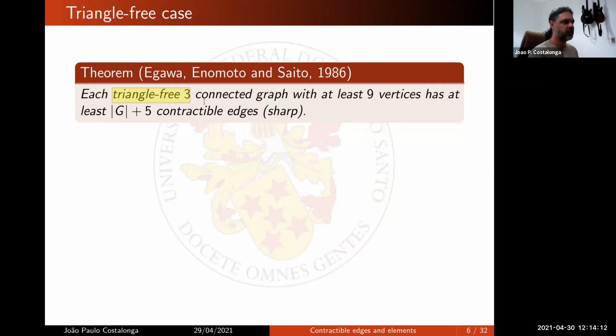Why annoying? One of the uses of contraction is in proofs by induction. You pick a triangle-free graph, you contract an edge, and it may no longer be triangle-free, so there is not much use in this context for contractible edges in triangle-free graphs.